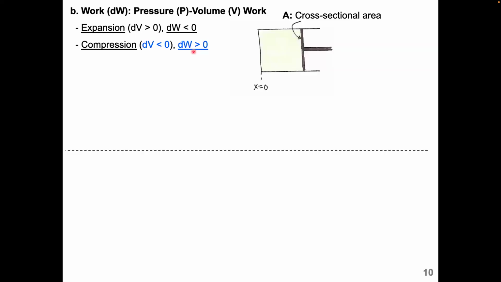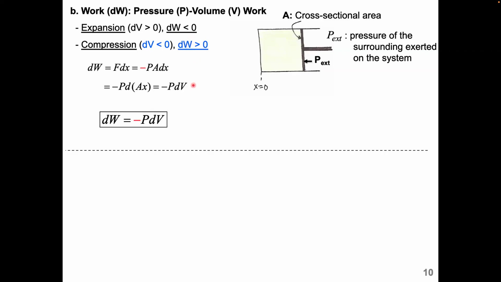You can always correlate dW and dQ back to the internal energy dU. So now you can see that dV and dW have opposite signs. This is how you can actually calculate dW. dW is going to be F dx.